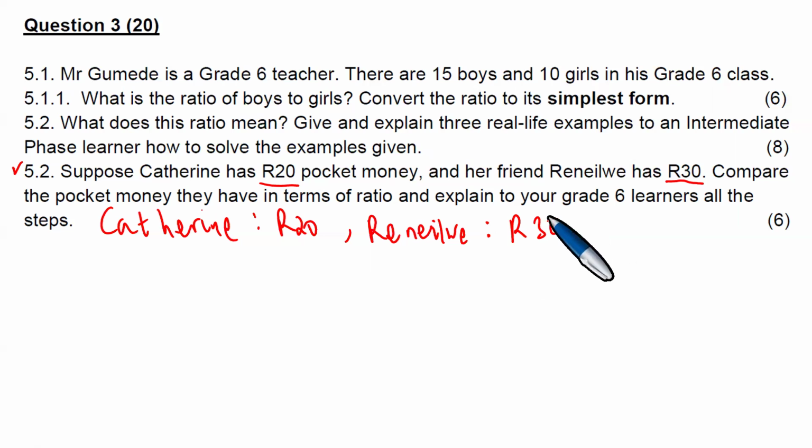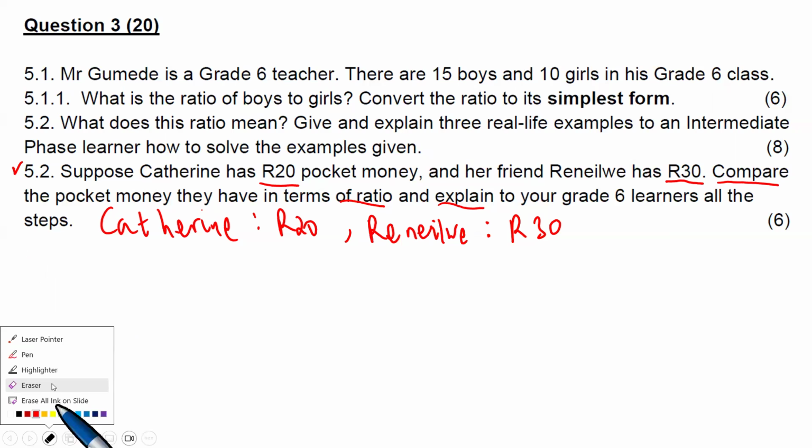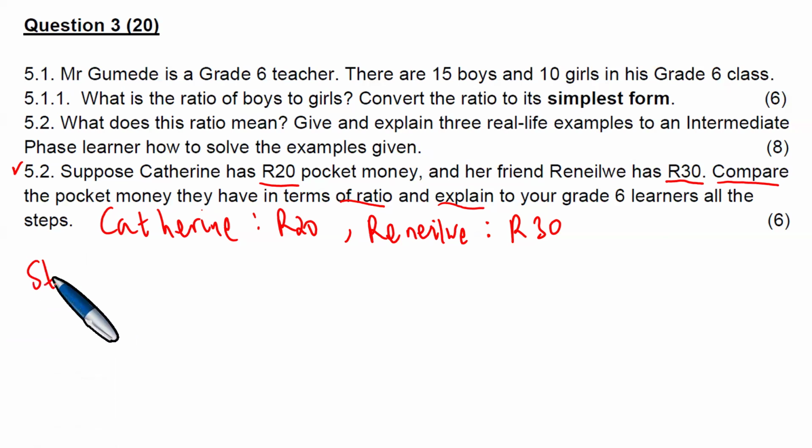So the first thing to do is to compare the pocket money they have in terms of ratio. We need to compare in terms of ratio. After that, we'll explain. So what we're going to do, first things first, step one.